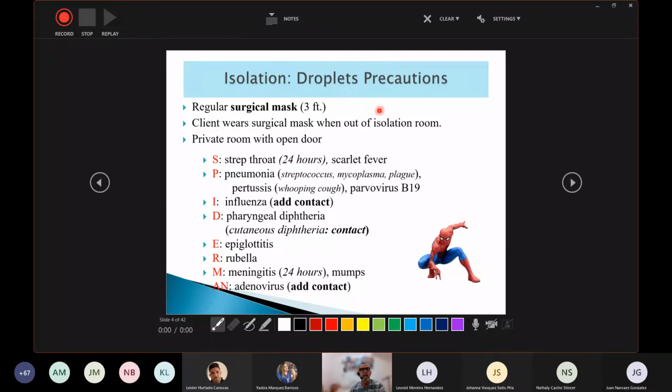Because if you have a patient with meningitis, and another client with meningitis, and both are arriving at this moment to the ER and need to be assigned to a room, I cannot cohort those two meningitis. Because this meningitis can be by pneumococcus, and this one could be by meningococcus.